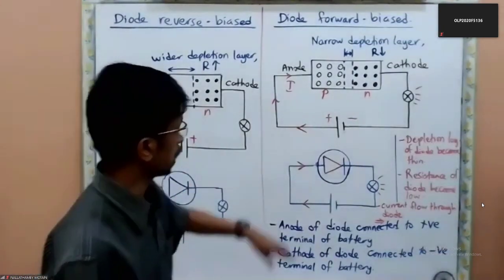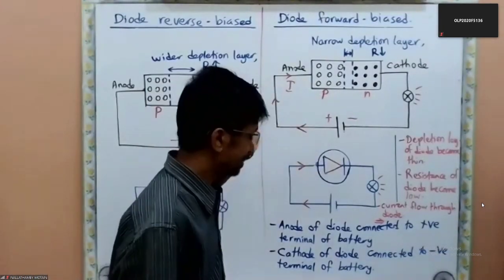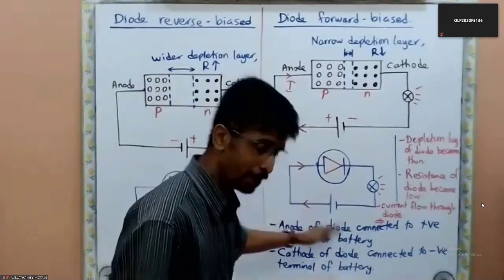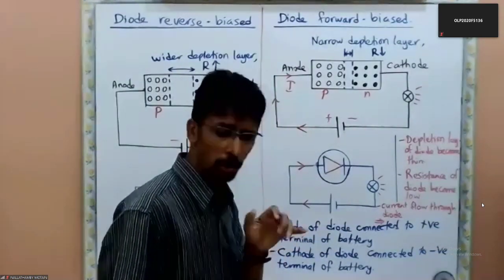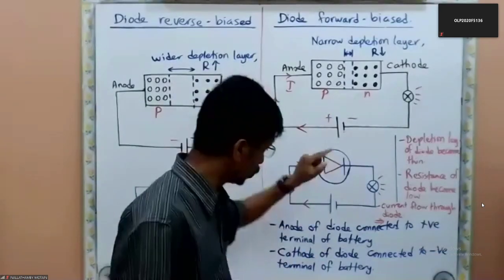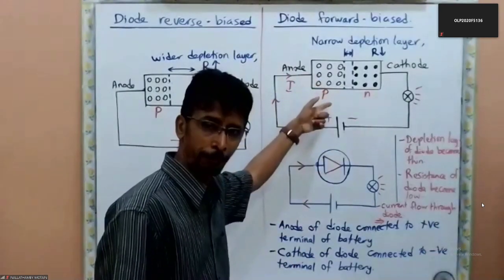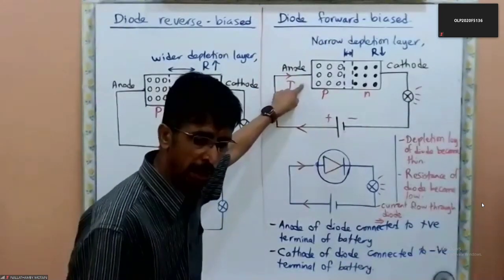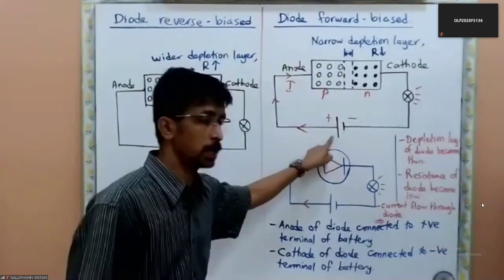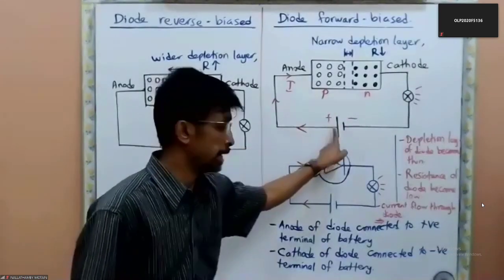I repeat. For both diagrams, the explanation is the same, but here you cannot see the depletion layer thin or thick. We cannot see, but you have to recall this diagram. So, anode or P terminal of diode connected to positive terminal. P, positive.